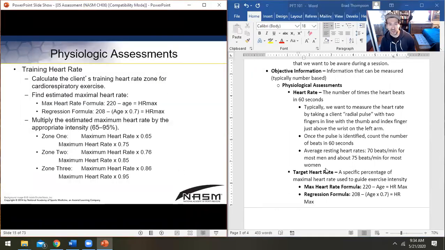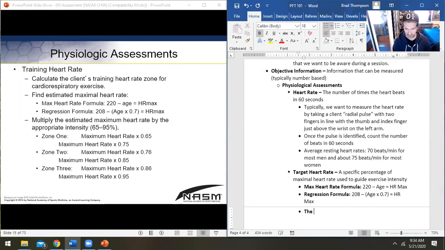Once we've found that, when we're doing our target heart rate, step 2 is to multiply heart rate max by the desired intensity.